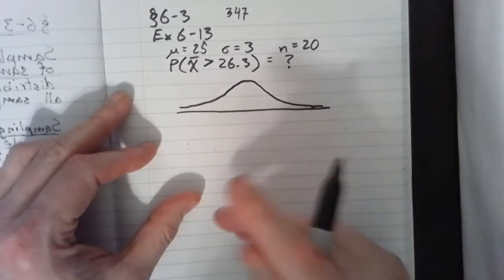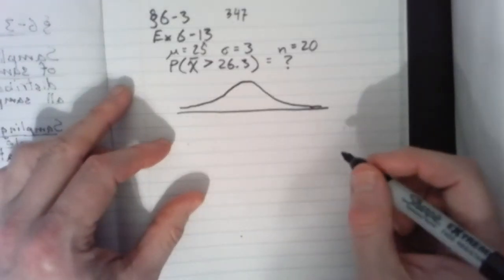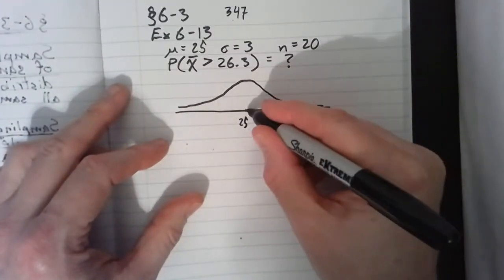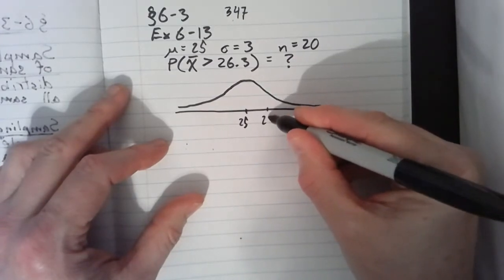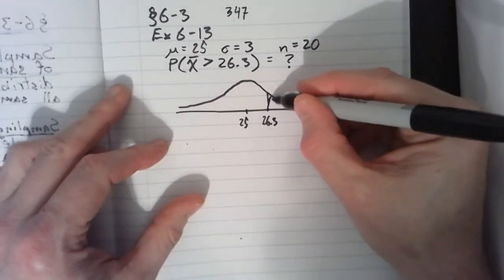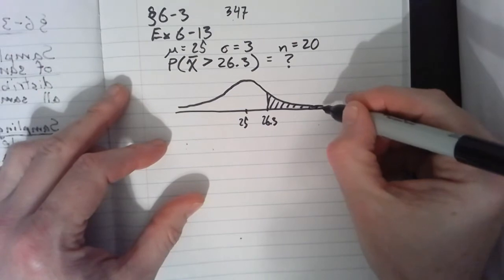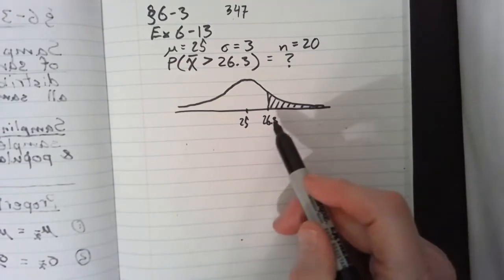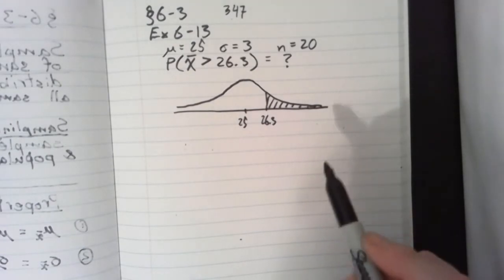It's not supposed to be perfect. Here we've got mu equals 25 in the middle, and over here somewhere is 26.3. We want to know the probability that the average for this group, television hours per week, is greater than 26.3. So we're looking for a right area.